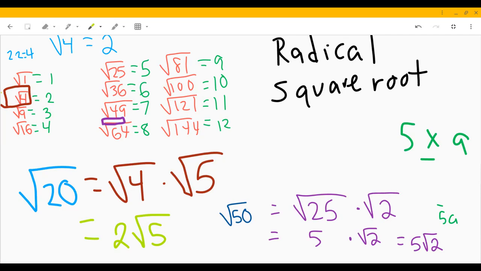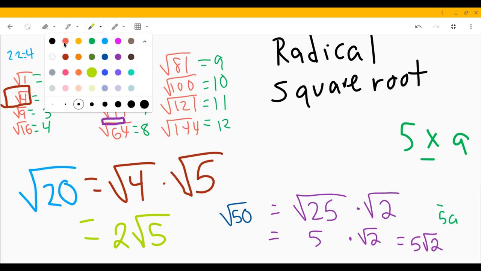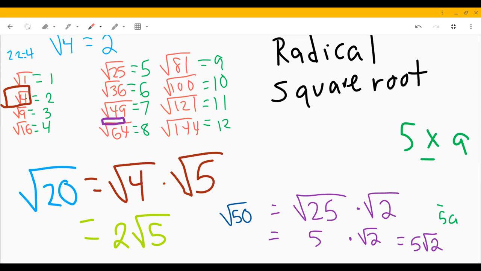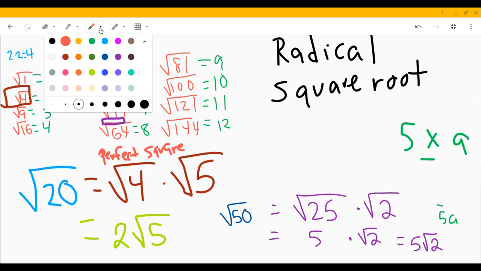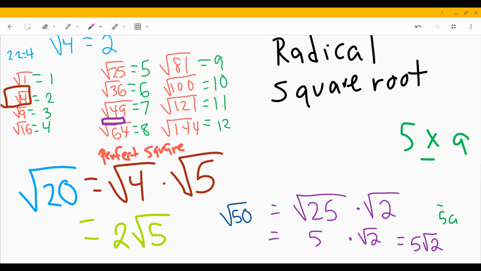Again, the key important detail here is to break down this radical into a product of two radicals, where one has to be a perfect square. Now, sometimes you might have to know more than just these 12 perfect square numbers.